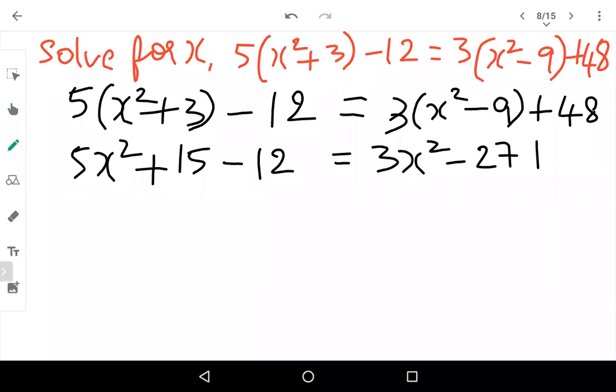And then I have plus 48 as it is. Did you all understand till here? Good, everybody understood till here?